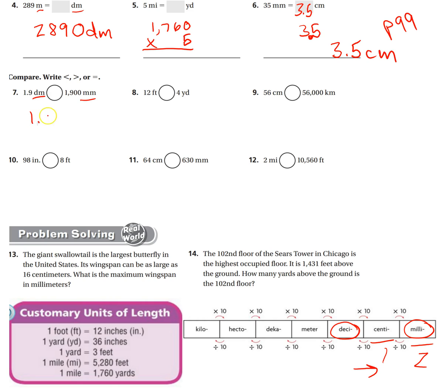So we take 1.9, we move our decimal 2 to the right, put a 0 in that place. So our number becomes 190 mm. So 1.9 dm is 190 mm, but this is 1,900 mm, so that is bigger.